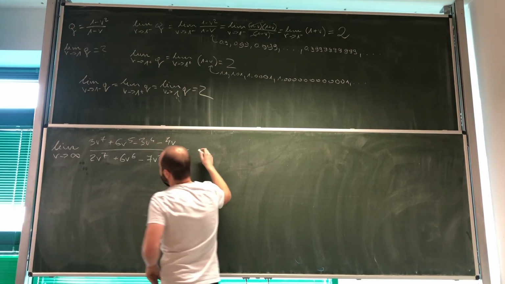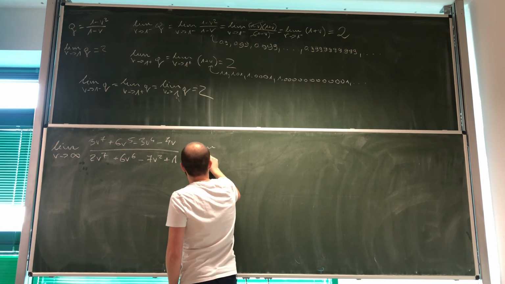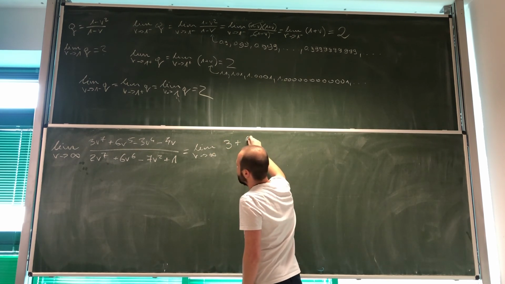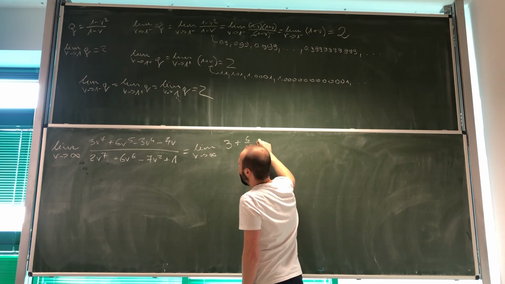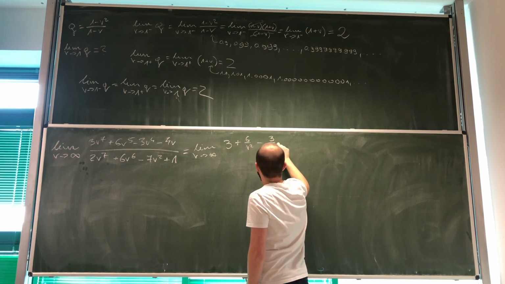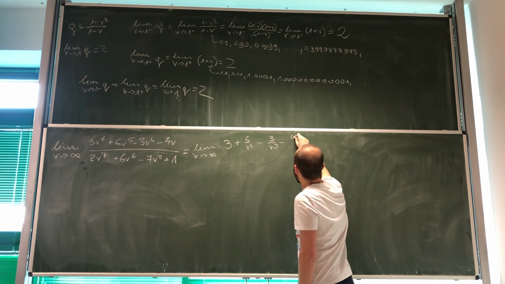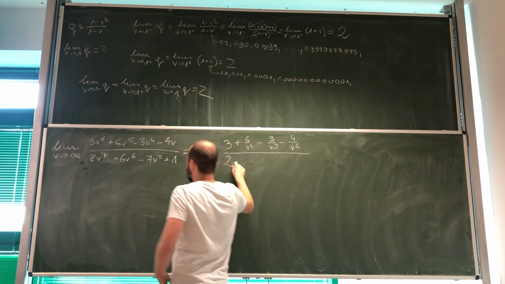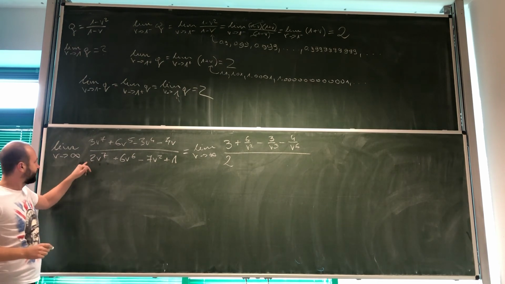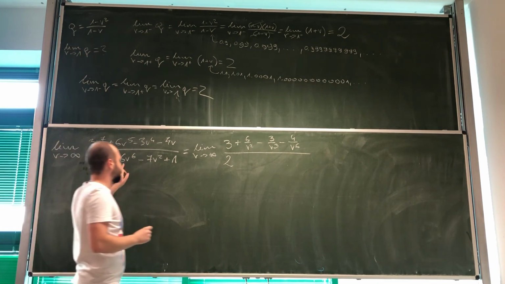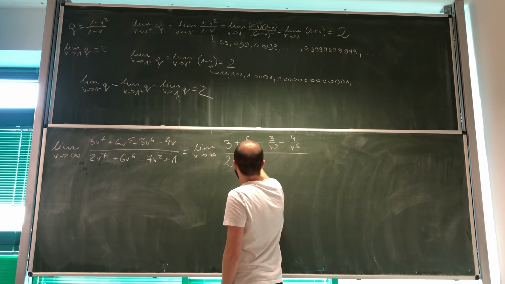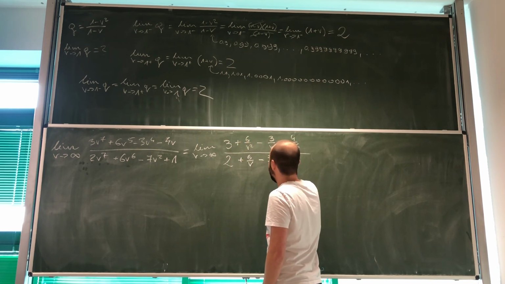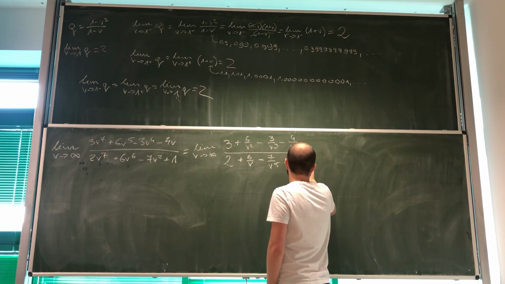So what we're going to get is the limit with v approaching infinity out of 3 plus 6 over v squared minus 3 over v to the power of 3 minus 4 over v to the power of 6, divided by 2, because 2 times v to the power of 7 divided by v to the power of 7 is 2, then plus 6 over v minus 7 over v to the power of 5 plus 1 over v to the power of 7.